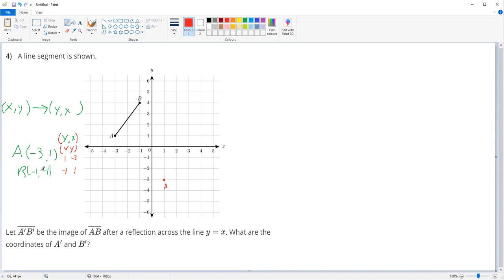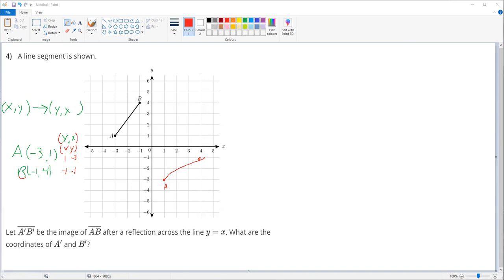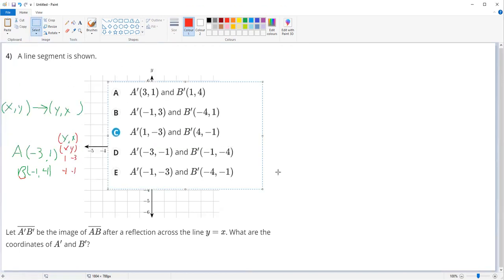My new B value is (4, -1). All right, so you see if that's one of the options there, and lo and behold, it is. A prime is that, B prime is that.